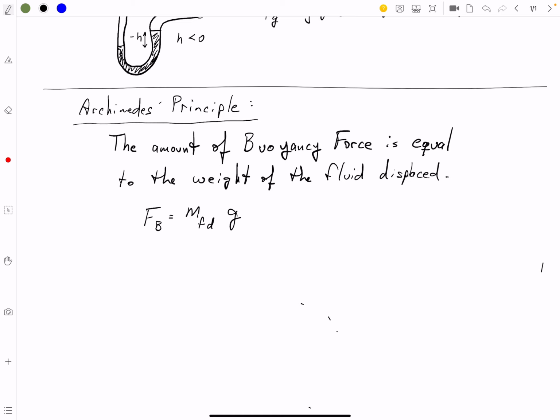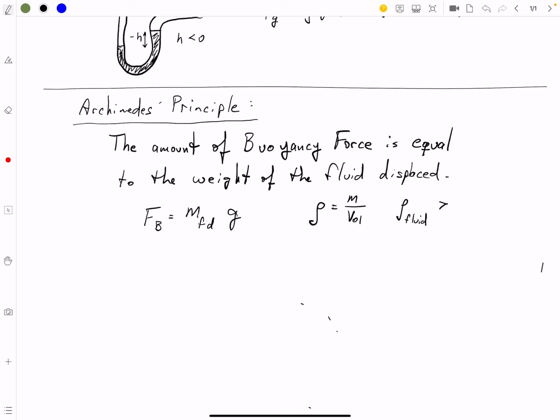So we're going to get to the density of objects, because a density of the object, again, is our mass per volume. And we've got some density things happening. We've got the density of the fluid, and we've got the density of the object.